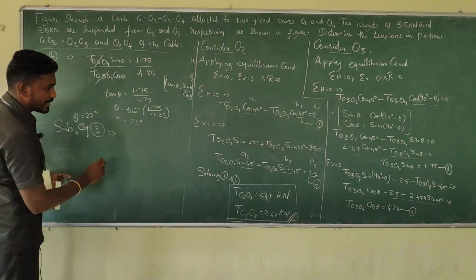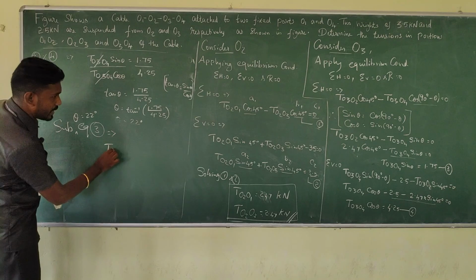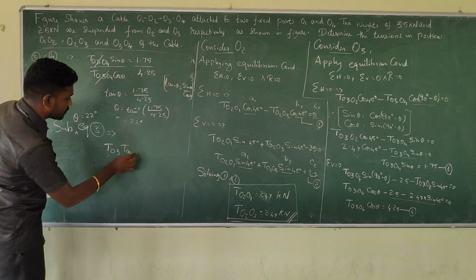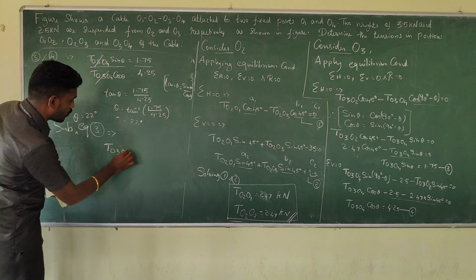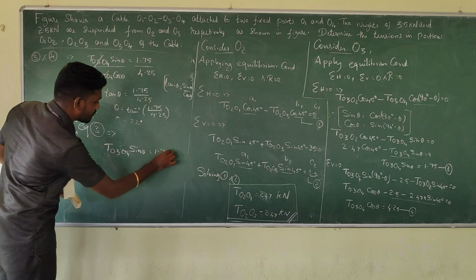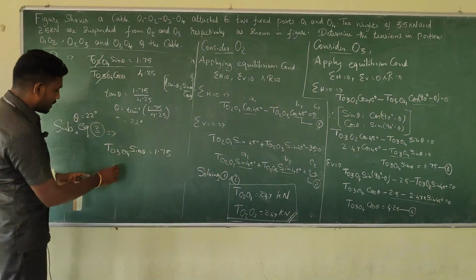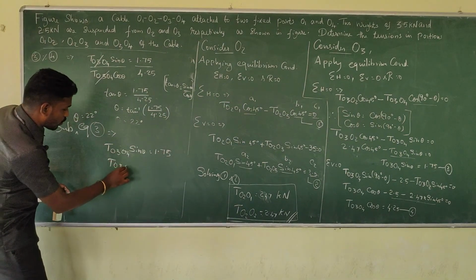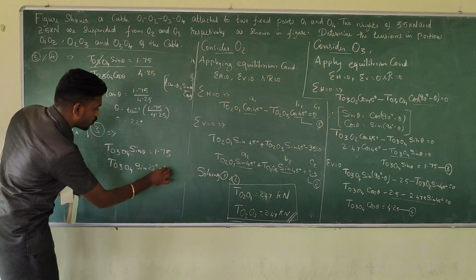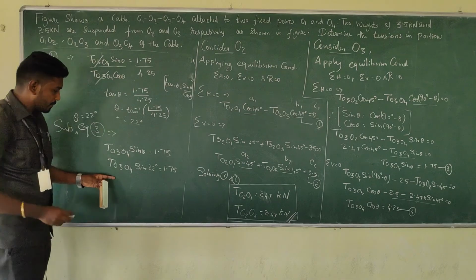So the equation becomes T O3 O4 sine theta is equal to 1.75. It becomes T O3 O4 sine 22 degree is equal to 1.75.